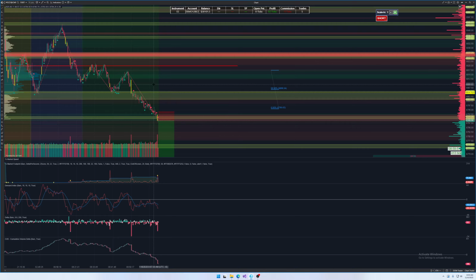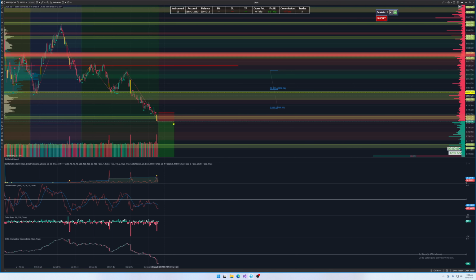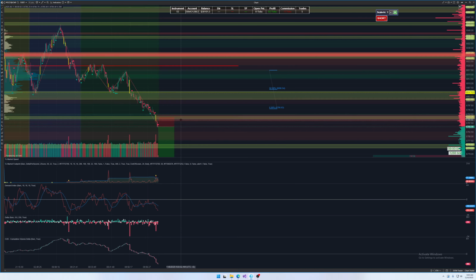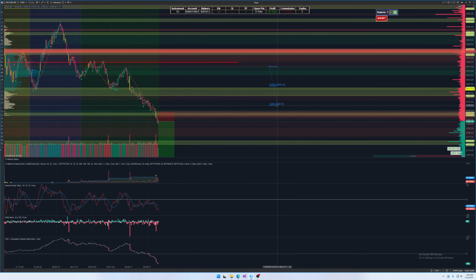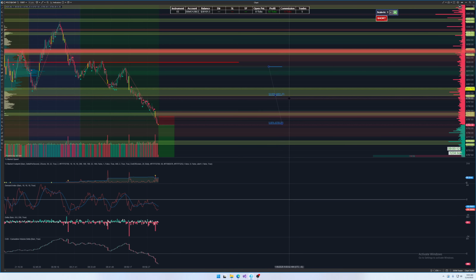Just goes through. It looks like the market wants to go deeper. So let's check if this fast moving part here is going to get rejected. So if there's a 50% retracement, that's going to be here.